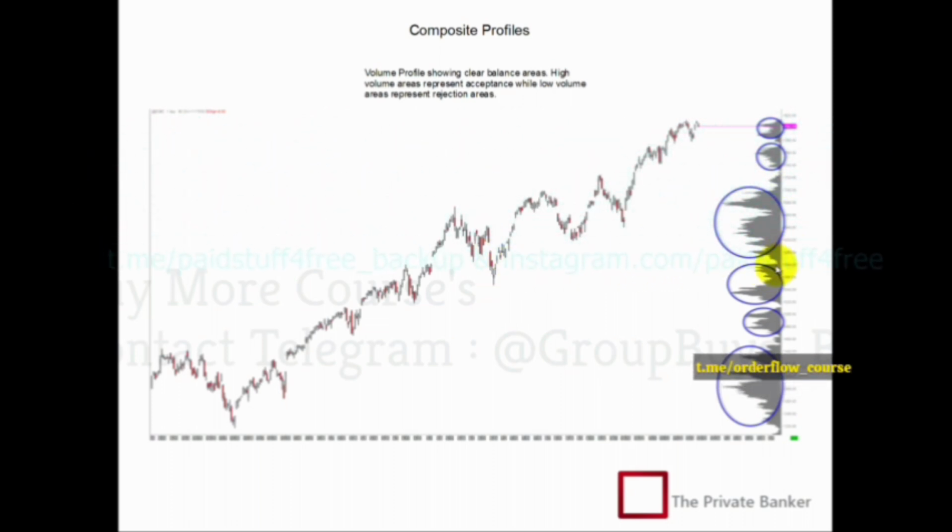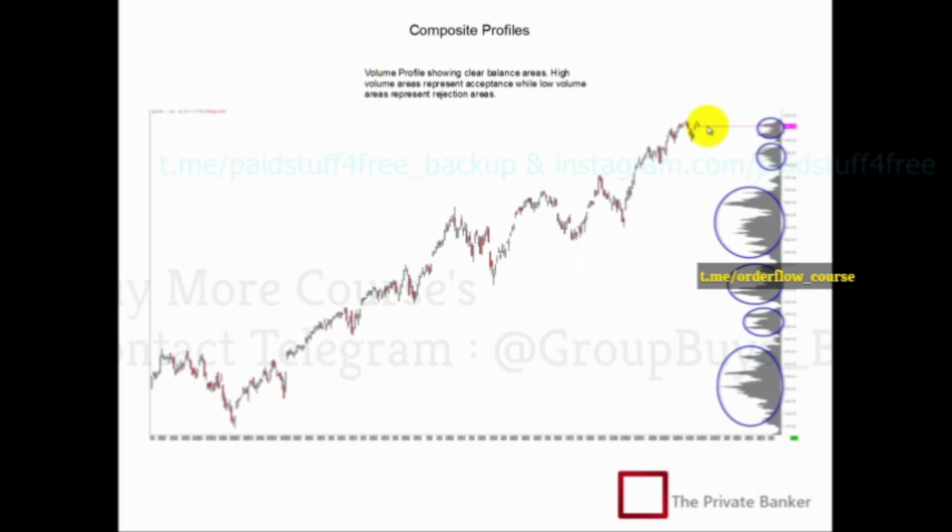So the expectation is that the market rotates between these extremes until something changes, and in this example here we're seeing price discovery. As the market keeps trading higher, it's establishing these small balance areas, and then we move higher and test the previous balance or that extreme and continue to look for higher prices.